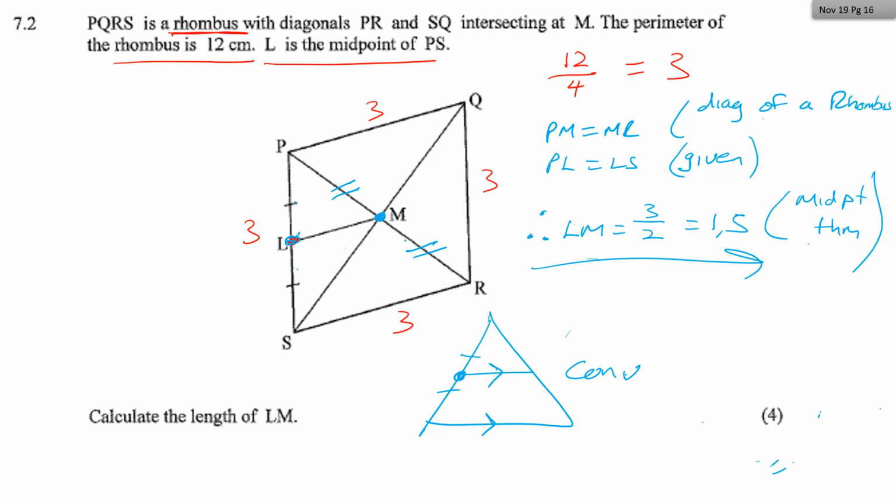Sorry, in this question, we didn't state that SR is 3. So we have to be very careful. Before we start, we should have said SR is equal to 3, and your reason there would be sides of a rhombus.